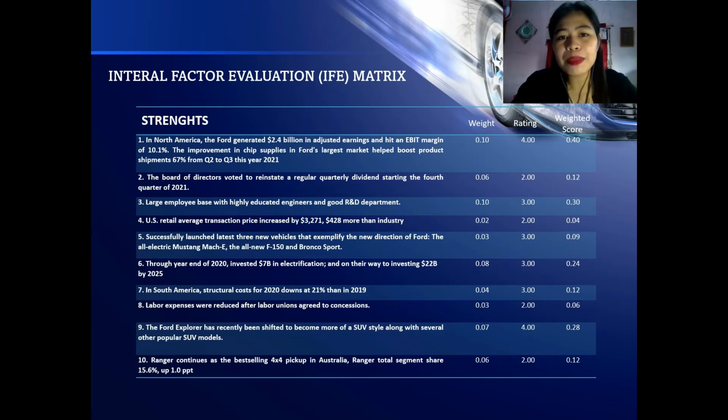What really happened was the company was hit by a hard chip supplies shortage in the second quarter. This is because of the fire at a key supplier factory in February 2021.